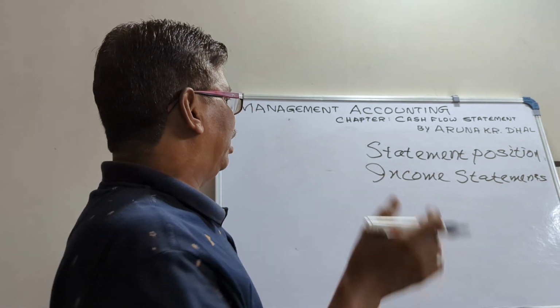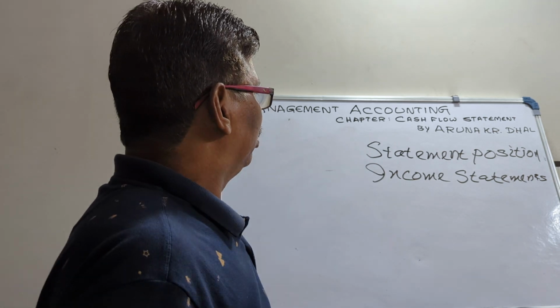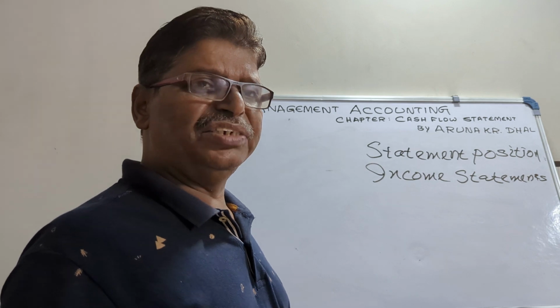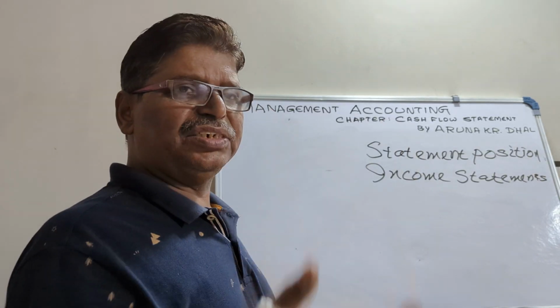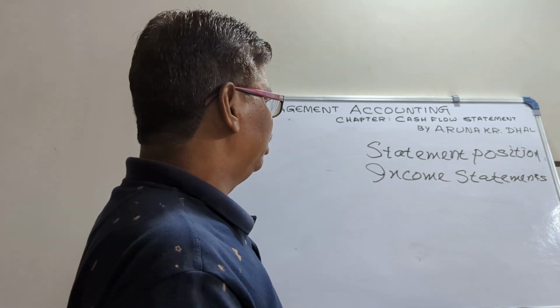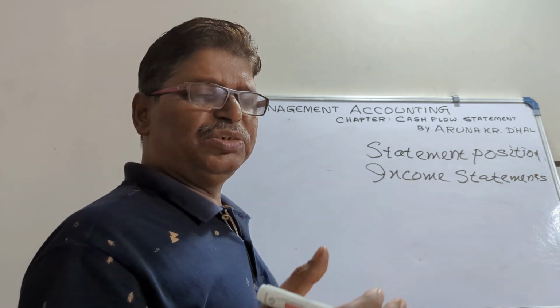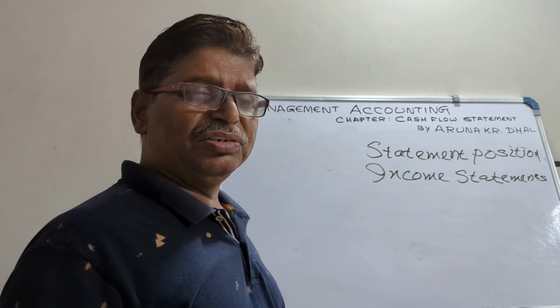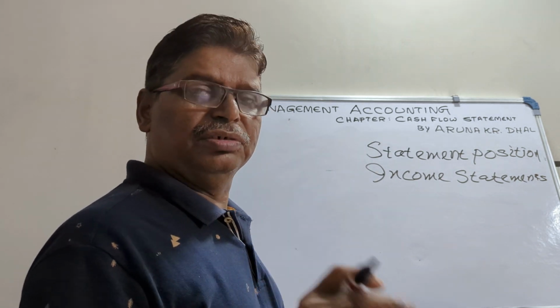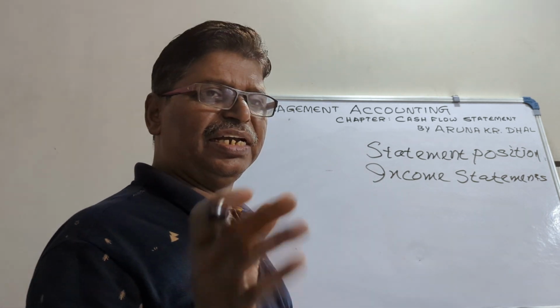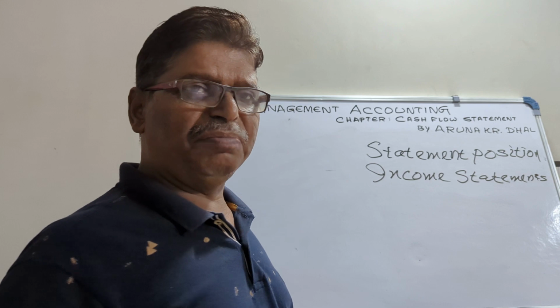According to the Companies Act 2013, we have to prepare the balance sheet in vertical form. First, we take liabilities and equity. Initially, we take shareholders' funds, which include equity share capital, preference share capital, then reserves and surplus.